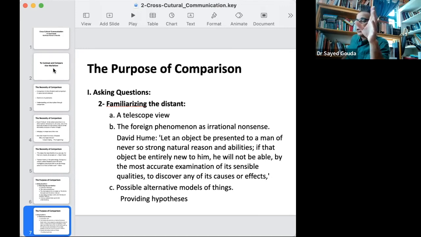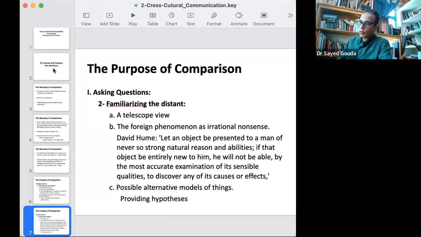"If that object be entirely new to him, he will not be able, by the most accurate examination of its sensible qualities, to discover any of its causes or effects." Meaning, it needs intelligence in order to understand a foreign culture, to understand its causes and effects. It needs intelligence.